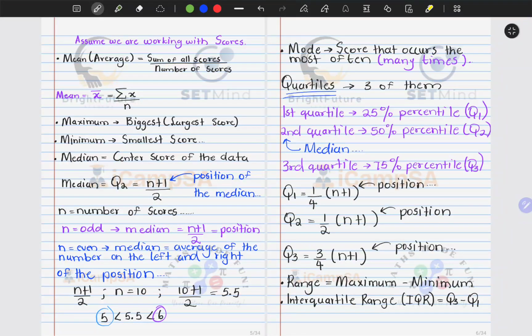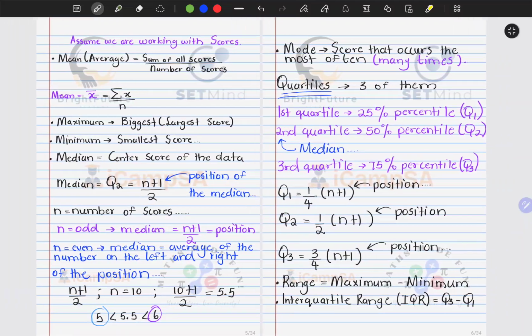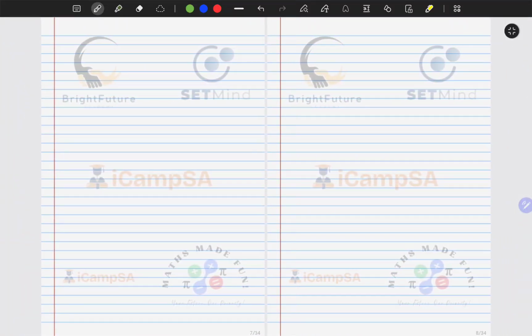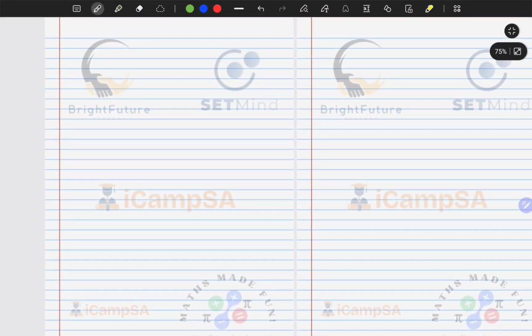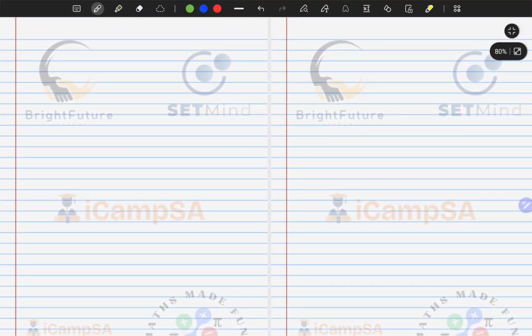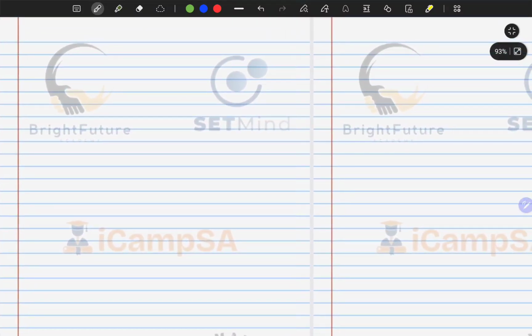Let's have a look at even more terms before we jump into questions. Another term that I need us to look at is your standard deviation. In fact, before we even have a look at standard deviation, let's have a look at variance.